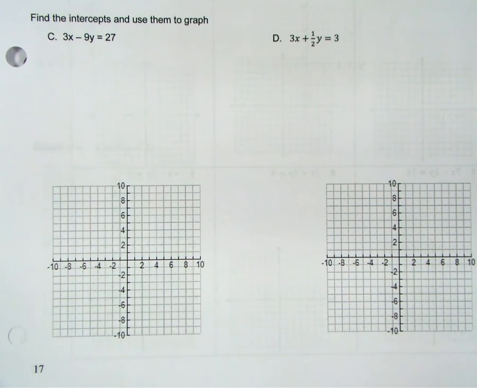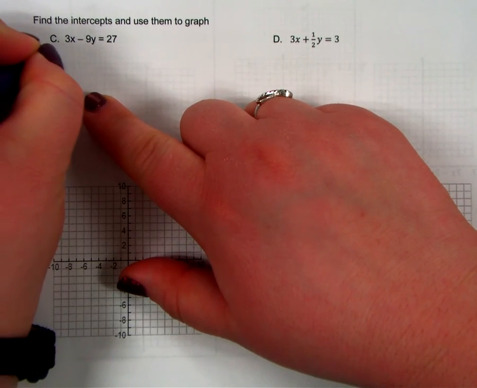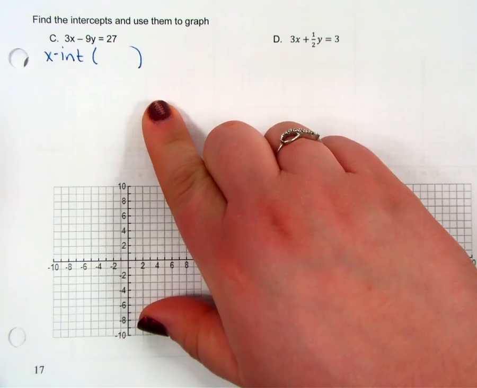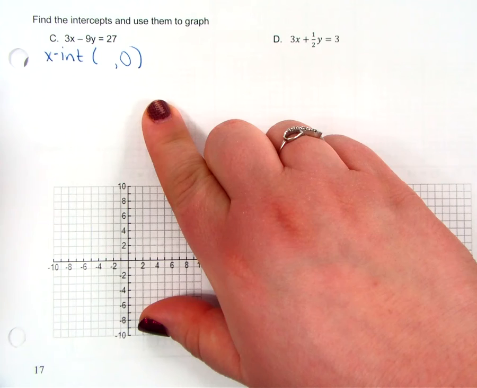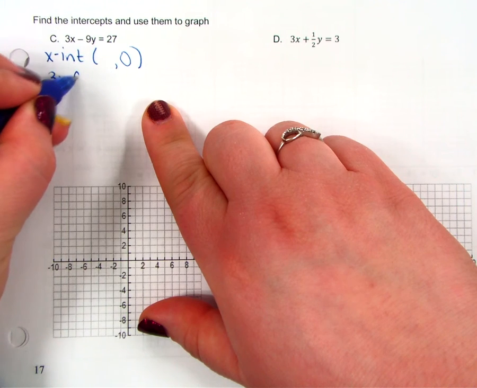Okay, let's do C and D together. So find the intercepts, and then we're going to use them to graph, and that's really what your focus is going to be on your classwork. If I want to find the x-intercept, I know that my answer is going to be a point. I know that 0 is going to be in there for y. So I'm going to put 0 in for the y-coordinate.